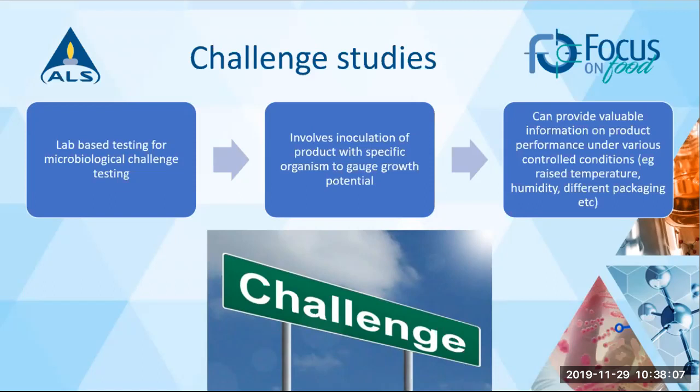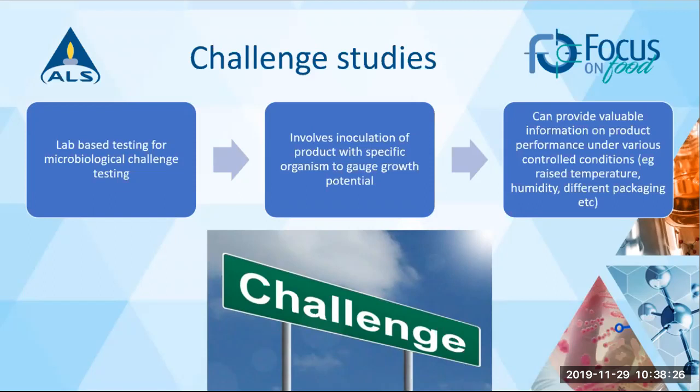It's particularly important for an organism such as Listeria monocytogenes, where there are actually regulatory requirements for testing in high-risk products, and specifications are set depending on whether or not the organism is able to grow in the product under stated storage conditions.